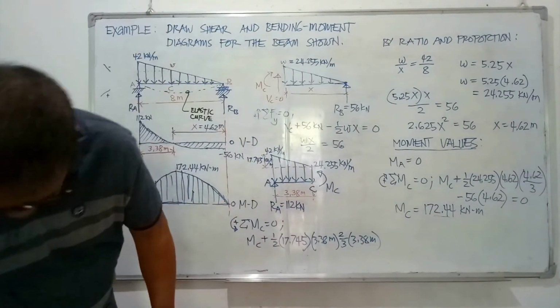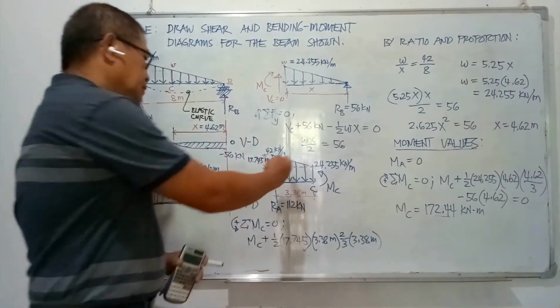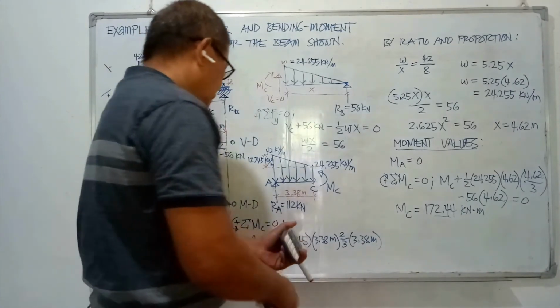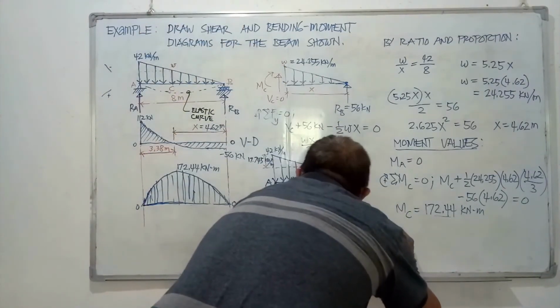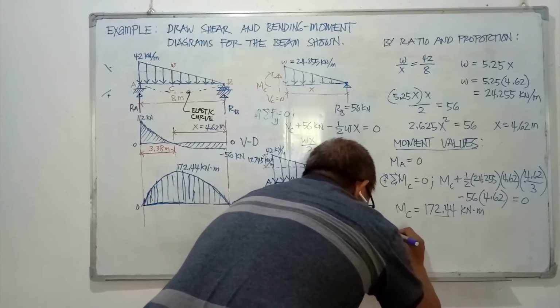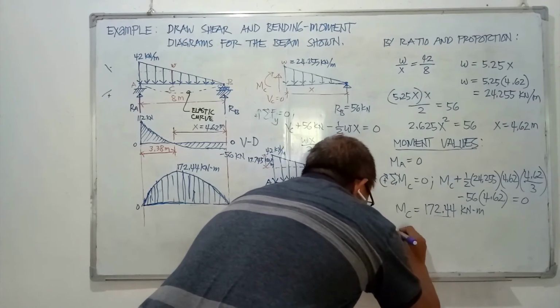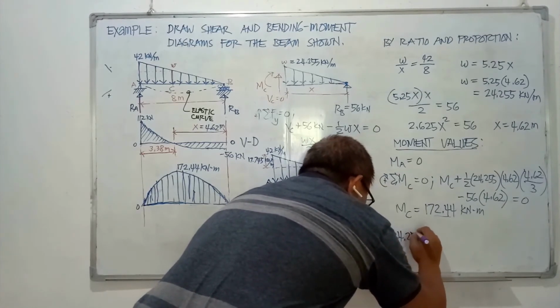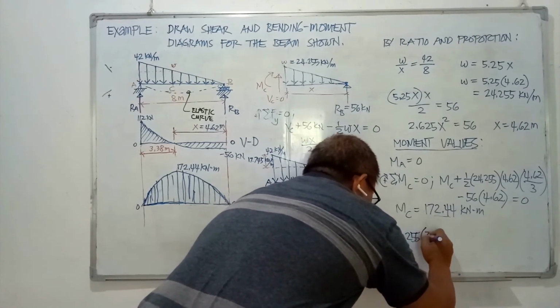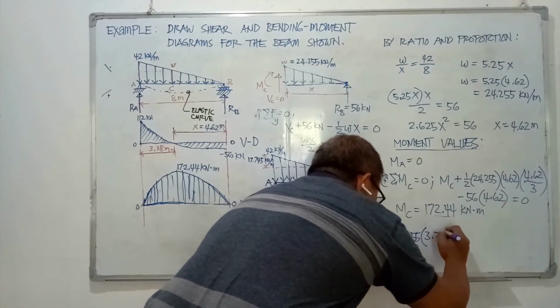Then the rectangular load is also plus 24.255 times 3.38.